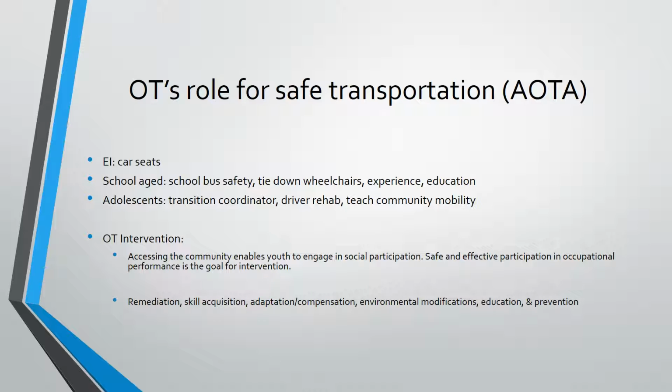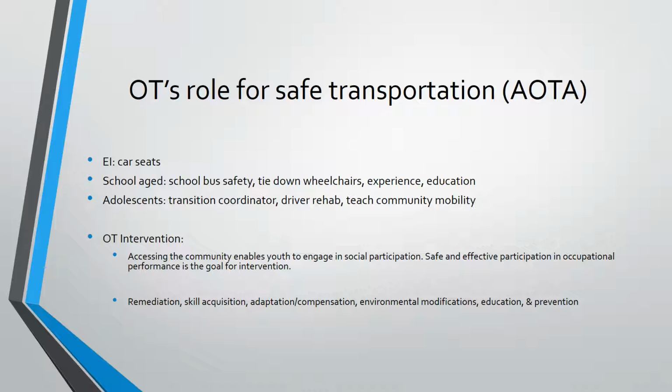It may include biking, it may include seating and positioning, it may include using the school bus, pre-driving assessment, specialized driving assessment, and community mobility and public transportation. So that's right off of AOTA, how it's OT's role to look at community mobility and public transportation.